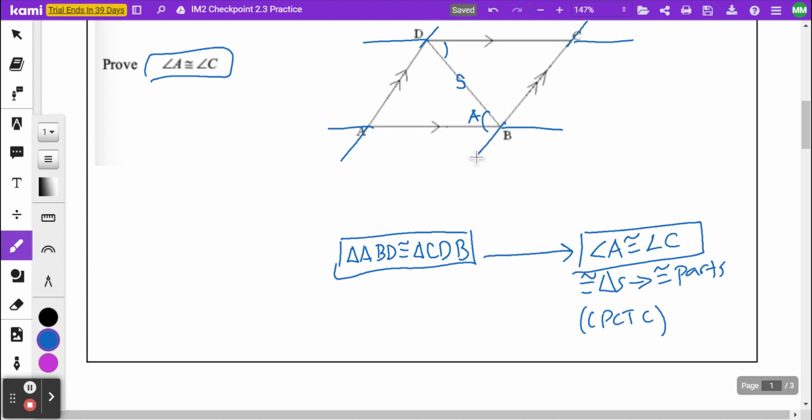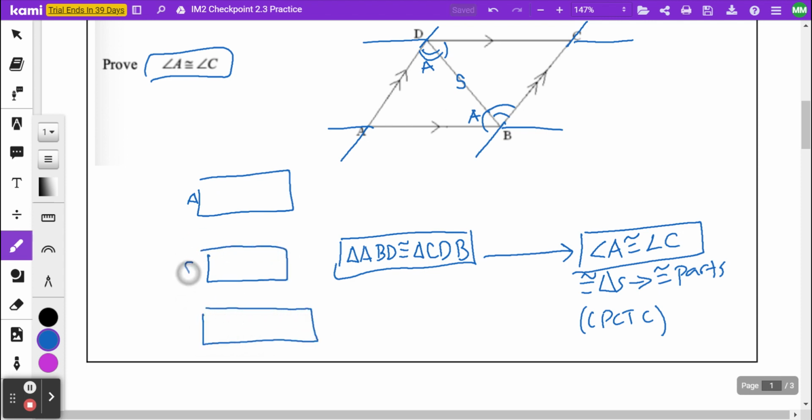These parallel lines allow me to say that these angles are congruent. So I'm going to have angle, side, angle. Okay, so now let me do my angle, side, angle. And I didn't make these boxes different sizes on purpose. That's just how the drawing went.